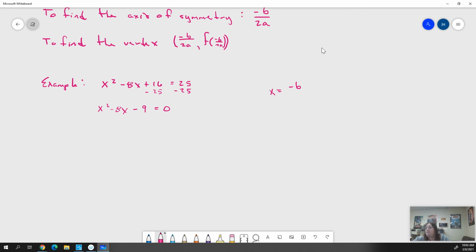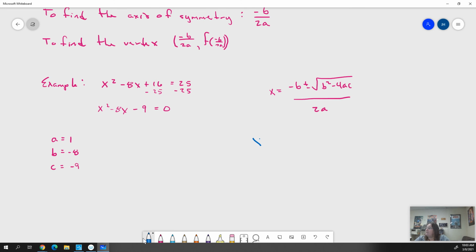And now I can go ahead and solve this using our quadratic formula, which, if you remember, was x equals minus b plus or minus the square root of b squared minus 4ac, over 2a. And we just need to plug these in. So we know that a equals 1, b equals negative 8, and c equals negative 9. And so we can just plug those numbers into the formula now.